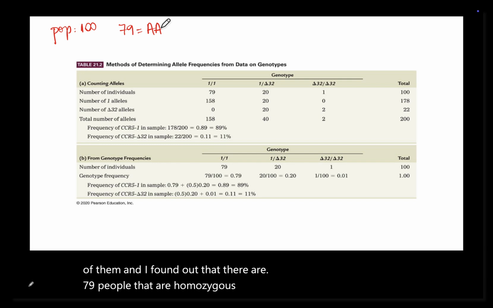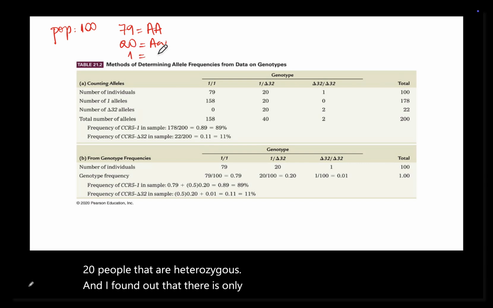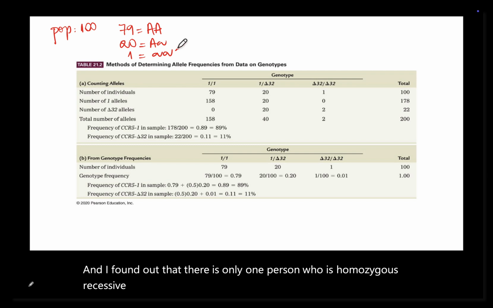I found that there are 20 people that are heterozygous, and I found out that there is only one person who is homozygous recessive, meaning that that person carries the mutation.